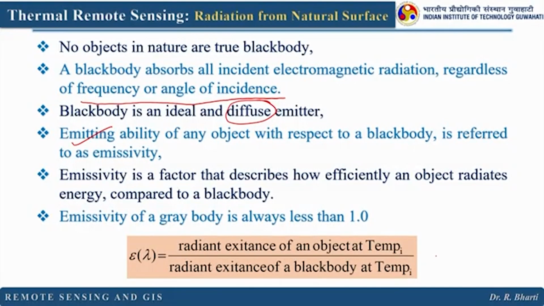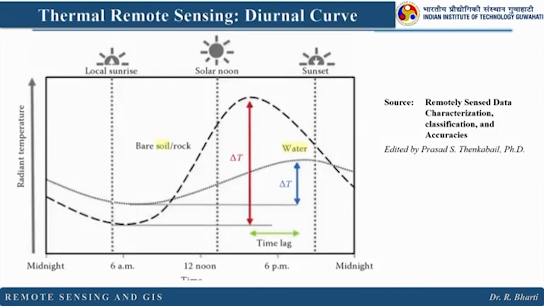So the standard value for the black body is 1, that is the maximum, but in all other cases it will be less than 1, and this is the formula for your emissivity calculation: radiant excitance of an object at temperature T divided by radiant excitance of a black body at the same temperature, right?